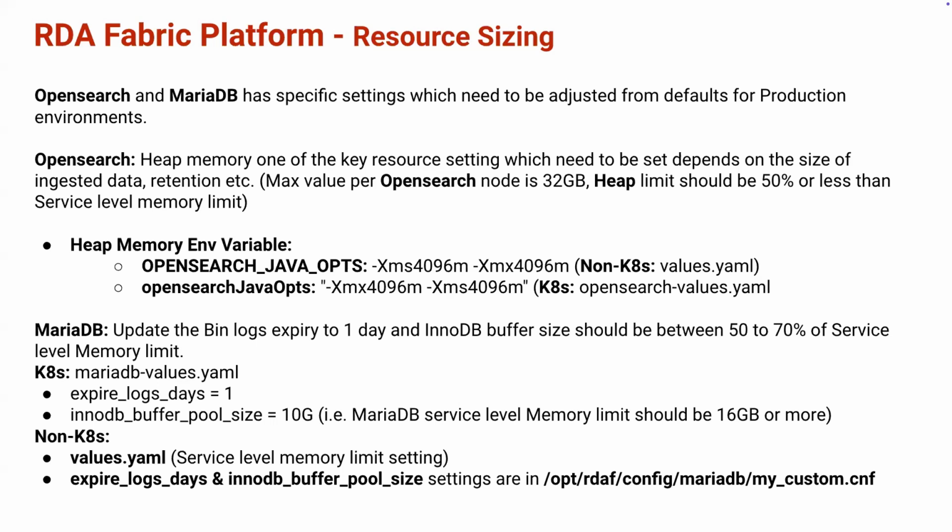By default, the system comes with 4 GB of heap memory. But when you deploy in production, this needs to be looked at and increased based on the requirement. The maximum supported value for heap memory for this service is 32 GB.